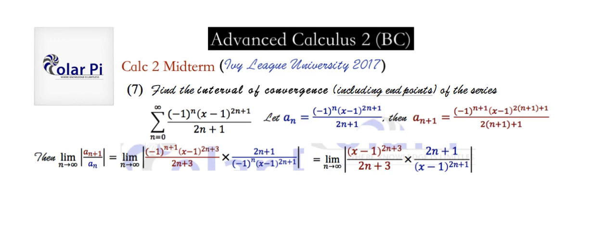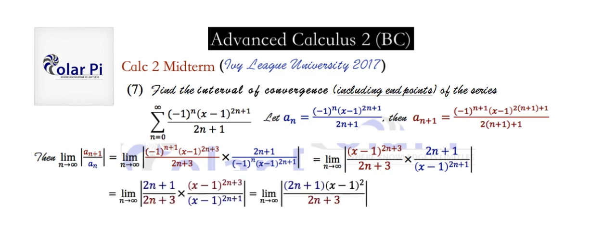Let's make some more progress in the next couple of steps. Here in this step, we bring the quantities involving just n and no x together in this quotient, and then we bring together the quantities involving x, which is (x minus 1) to the power 2n plus 3 divided by (x minus 1) to the power 2n plus 1.